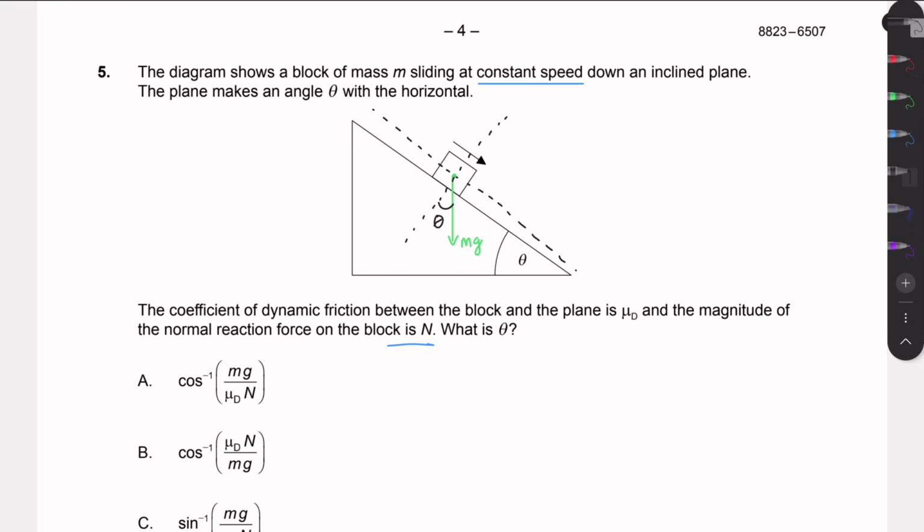And so we can see that this mgx, the component in the horizontal direction, along the slope, will be mg sine theta, as this is the side opposite to the angle.